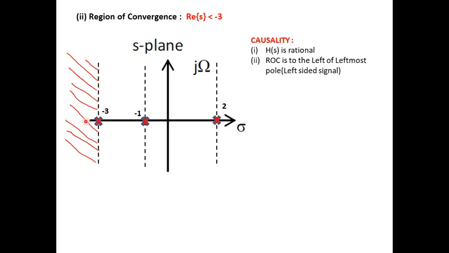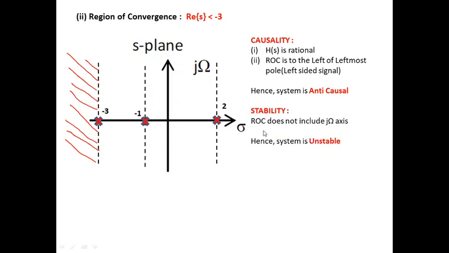If ROC is to the left of the leftmost pole, it is a non-causal system, or specifically we can call this an anti-causal system, because right of rightmost pole is causal and left of leftmost, which is exactly opposite, is said to be an anti-causal system, a specialized case of non-causal system. Stability. Here also we observe that the ROC does not include the j omega axis, and hence this system is said to be unstable. So for the given example, the second condition is also unstable.